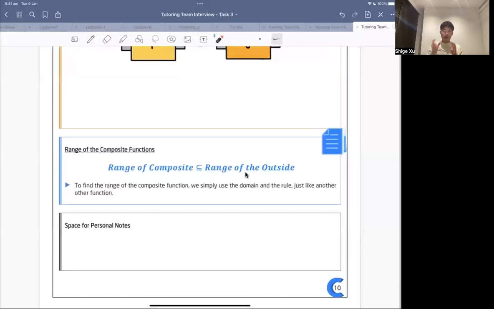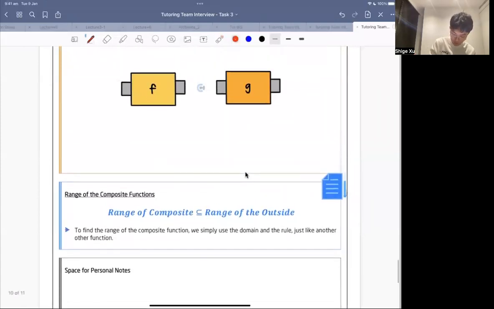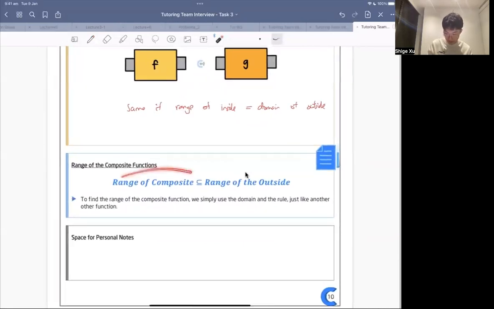The range of the inside function will be the inputs for the outside function. If the range is the same as the domain, that means we have everything we needed. So only the same if the range of the inside equals the domain of the outside. But in general, this is not true. And in fact, it is always a subset.